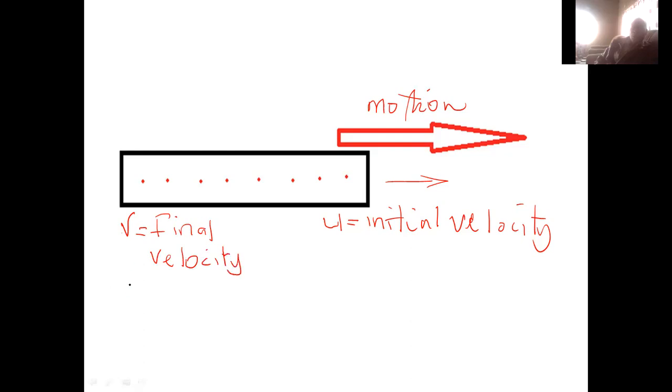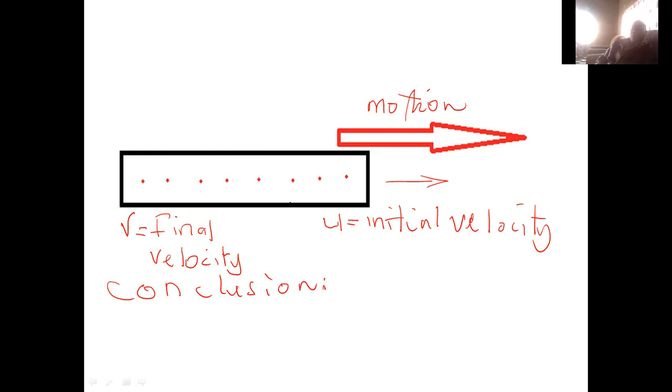So if you notice, the dots are of the same distance at the initial velocity as well as final velocity.